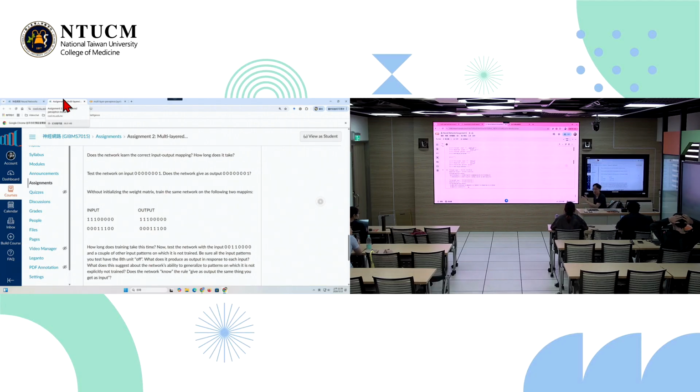It only remembers what it was trained on, but it's not able to generalize so well. It can generalize within the noisy distortion, but it cannot generalize across category. Is that fair to say?